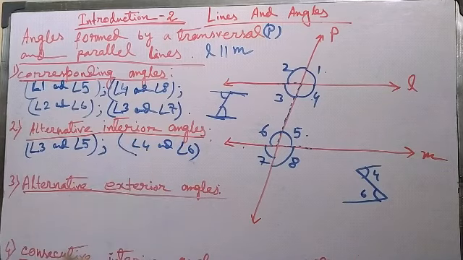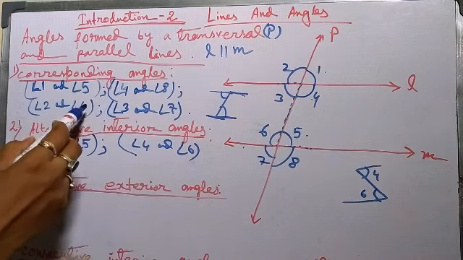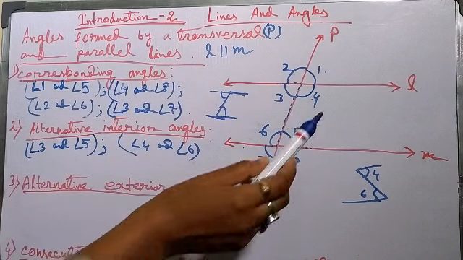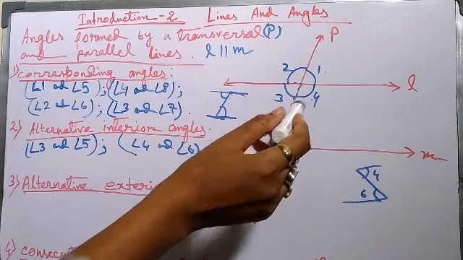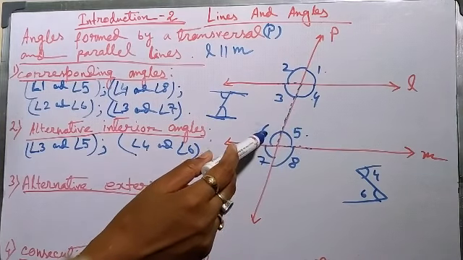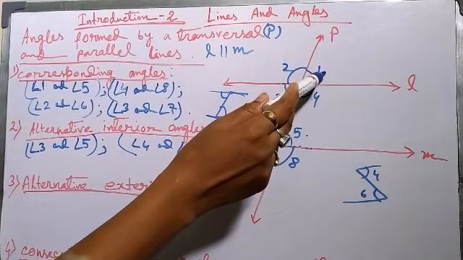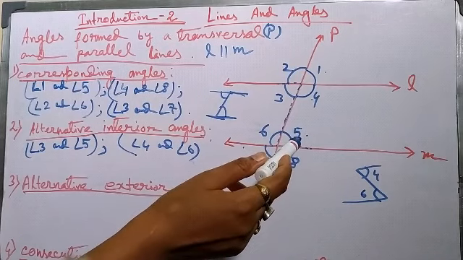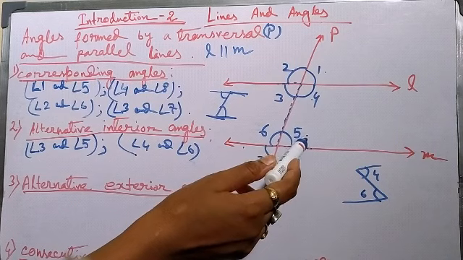So I have discussed that these alternative interior angles and corresponding angles will be equal. That means if angle 4 is 30 degrees, then angle 6 will also be 30 degrees. Suppose angle 1 is 60 degrees, then angle 5 is also 60 degrees, because angle 1 and angle 5 are corresponding angles.